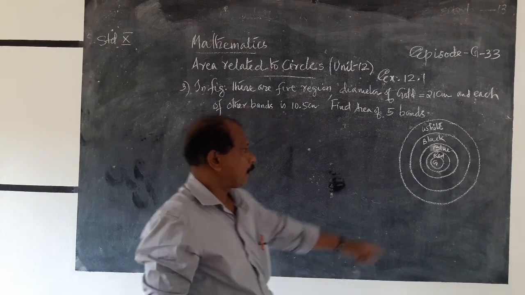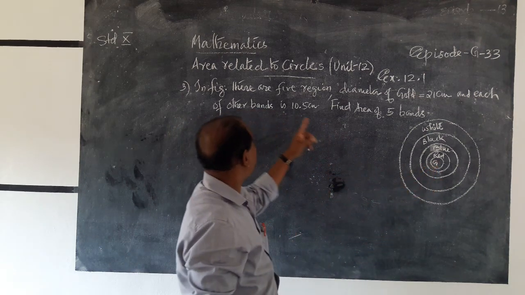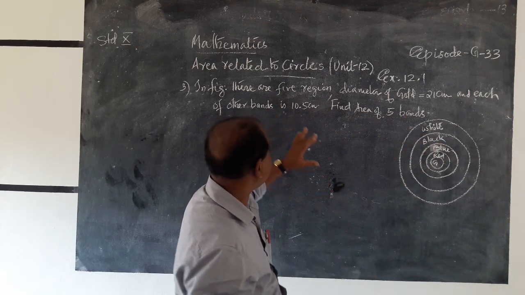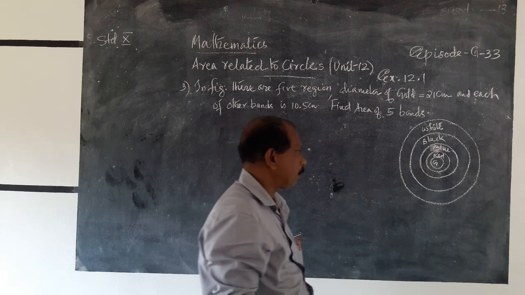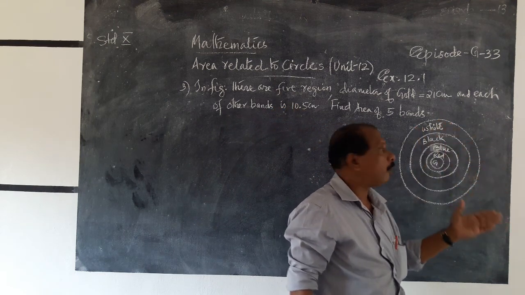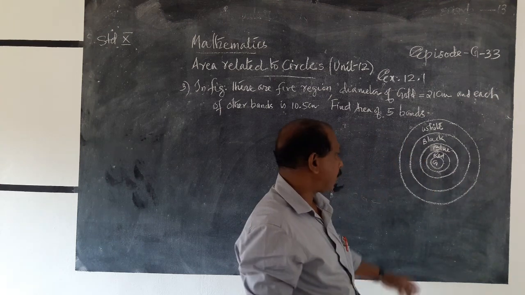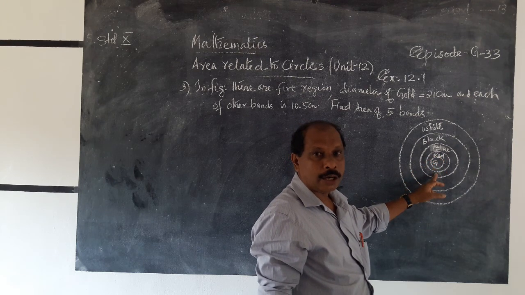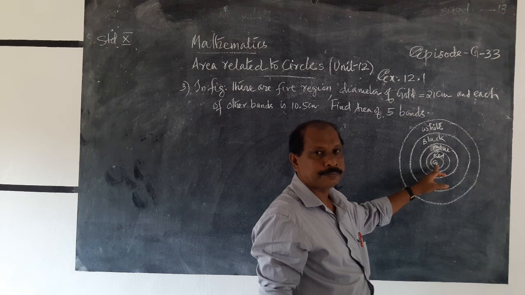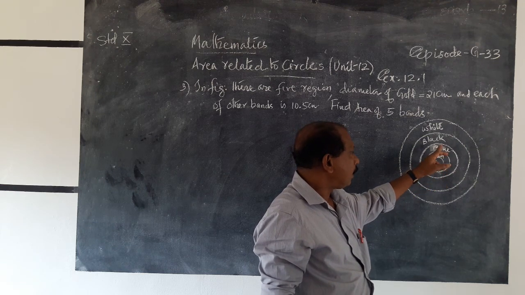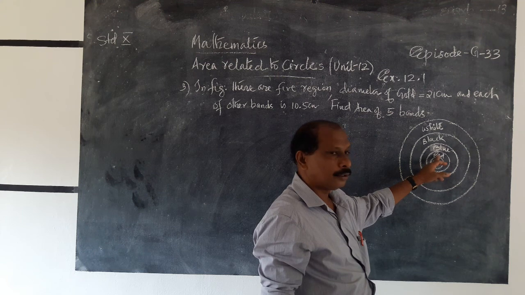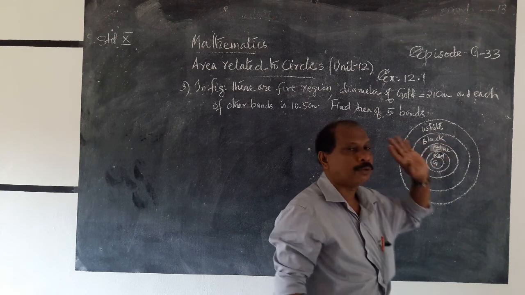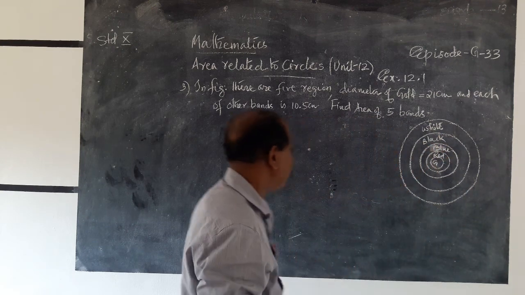Given that the diameter of gold is 21 centimeter and the width of each band is 10.5 centimeter, we can find out the area of each part. That means area of red is area of that circle minus area of gold. Then area of blue is area of that circle minus area of red. Black minus blue. White minus black. These are the results.